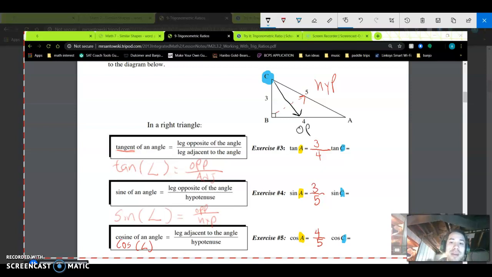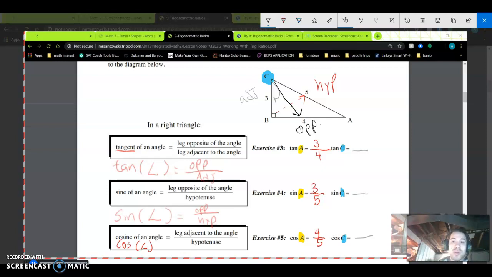This side is now my opposite side, and this side is now my adjacent. So you can see why we need to circle the important angle and label each triangle. If you do not label those, you will get them incorrect. There is no way to get that correct if you do not label them.